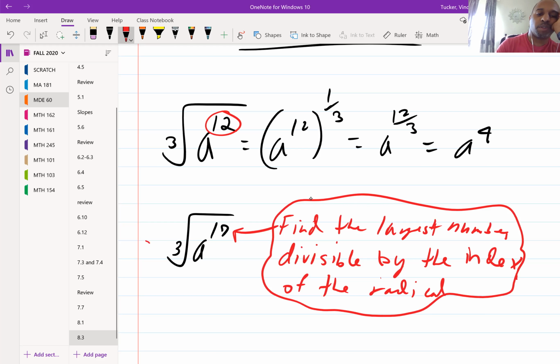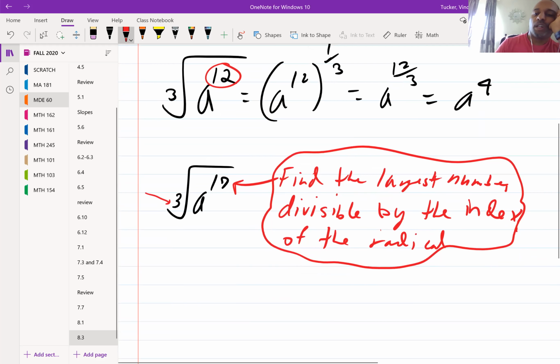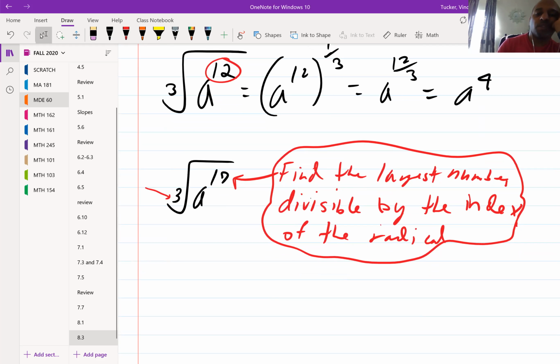And of course, we're talking about this 3 right here. That's the index of a radical. So the largest number under 17 that's divisible by the index of the radical is going to be 15. That's the largest number under 17 that's divisible by 3.